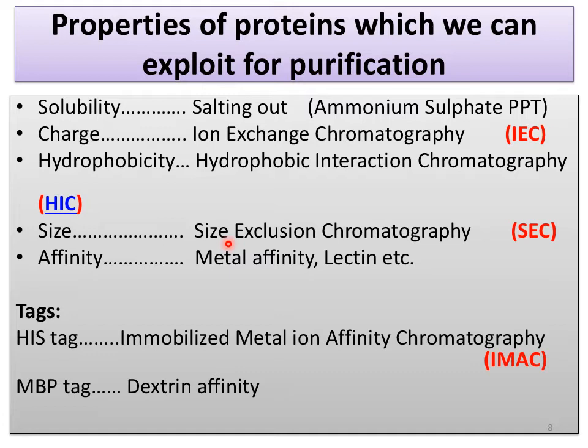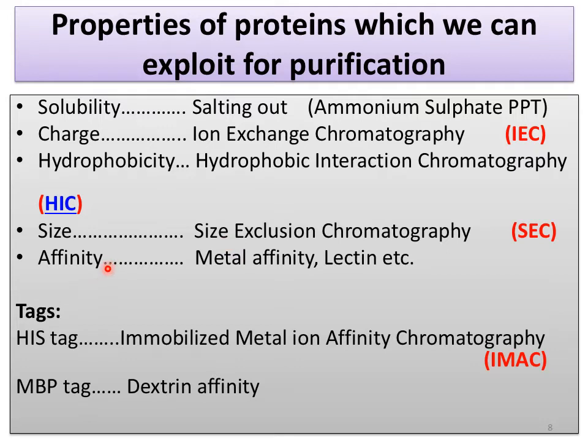Those proteins which are larger in size than the pore size won't be able to migrate through the stationary phase, whereas those proteins which are smaller than the pore size would be able to move through the stationary phase. So this type of chromatography separates molecules on the basis of their size.